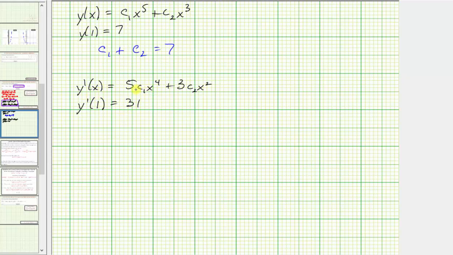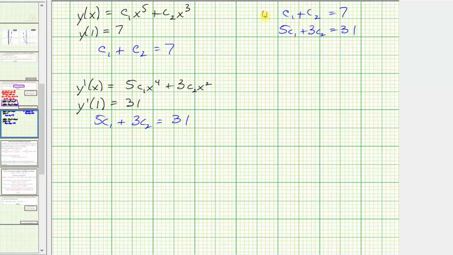So if x equals 1, we'd have the equation 5 times c sub 1 plus 3 times c sub 2 equals 31. Now we need to solve c sub 1 plus c sub 2 equals 7, and 5 times c sub 1 plus 3 times c sub 2 equals 31 as a system of equations.